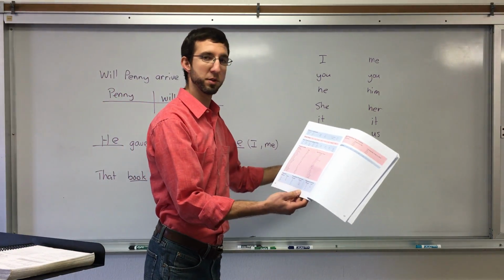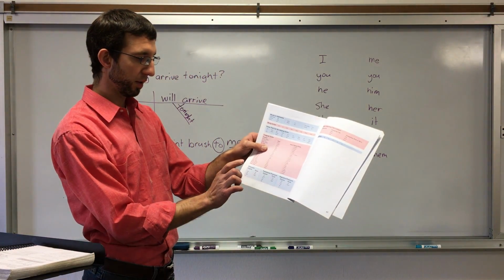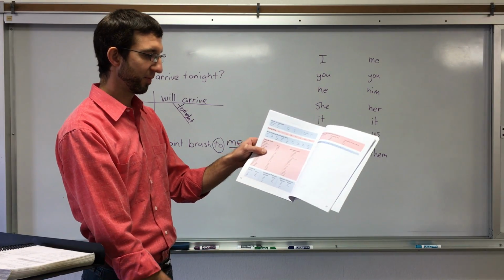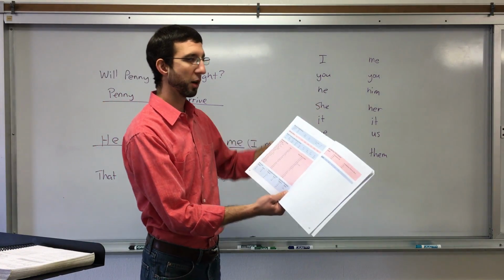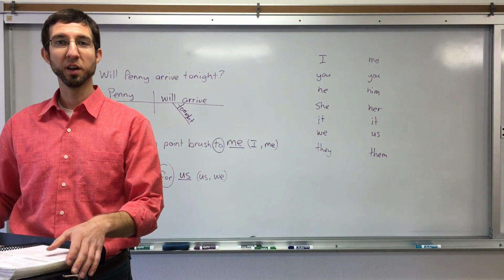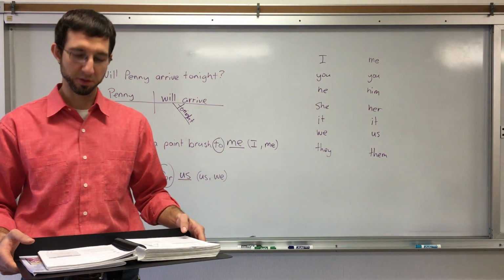This list of pronouns that we use for subjects are under this heading, pronouns. The ones that we learned about today are called objective pronouns because they're used for objects of prepositions.